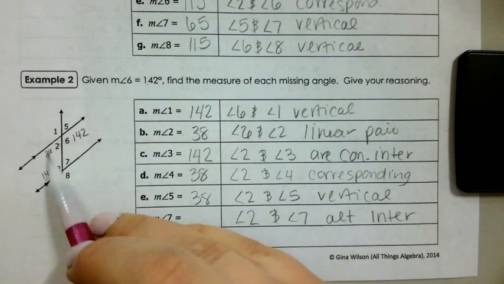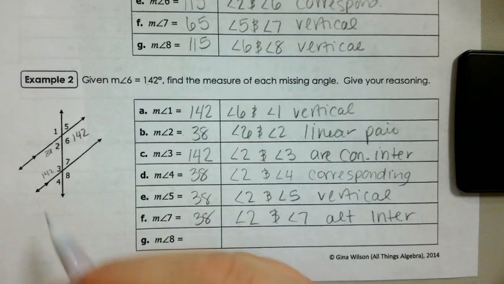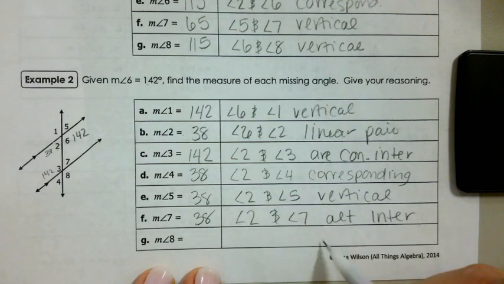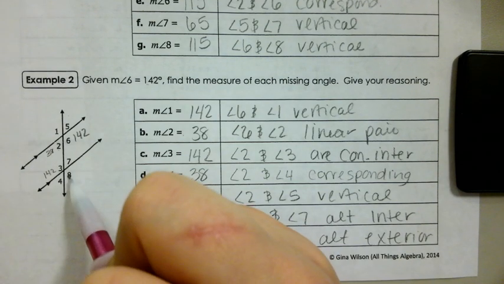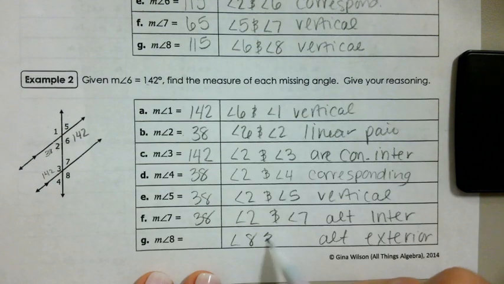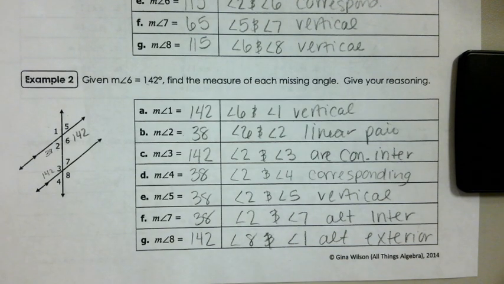Angle 2 is 38, so that means 7 is also 38. And the last one we need is 8. I'm going to use a definition we haven't used yet: alternate exterior. If you look, angle 8 and the exterior angle on the opposite side is angle 1, so that means 8 is 142. Okay, flip it over.